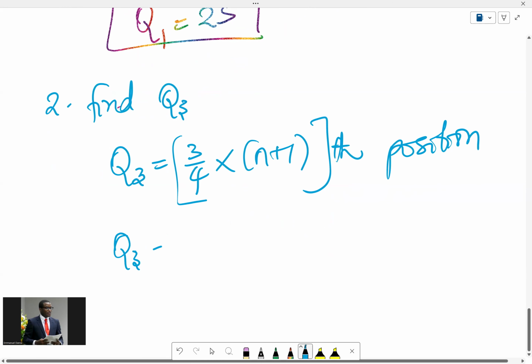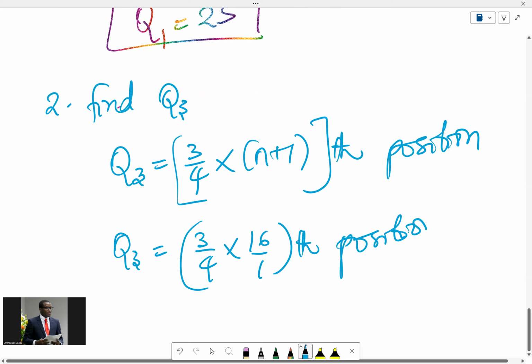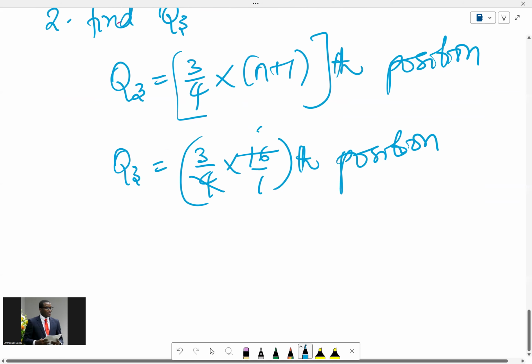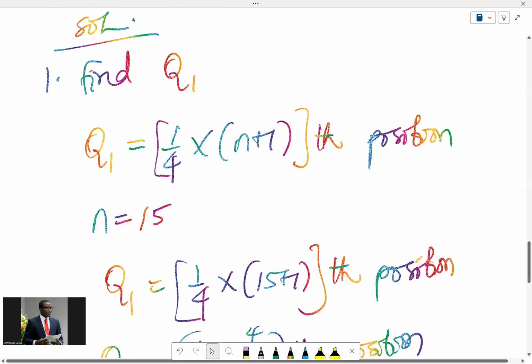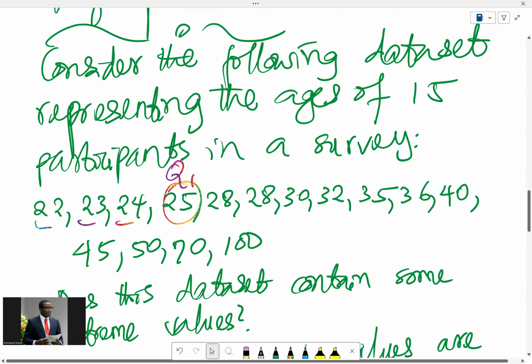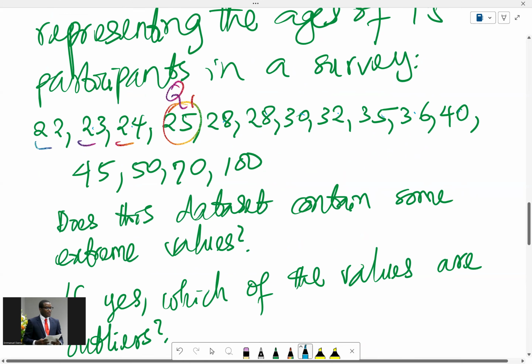So Q3 is 3 over 4 times 15 plus 1, which is 3 over 4 times 16, so Q3 occupies the 12th position. Counting 1, 2, 3, up to 12, at the 12th position you have 45, and that is your Q3.